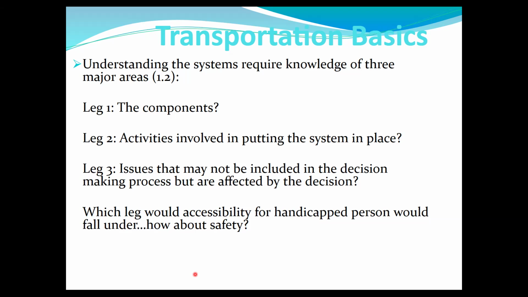But crashes do occur. So again, your activities to put the system in place were based on design, based on the AASHTO Green Book or California Highway Design Manual, and we did that as practitioners. But crashes do happen. So safety is a leg 3 situation, which it should not be, but it is.